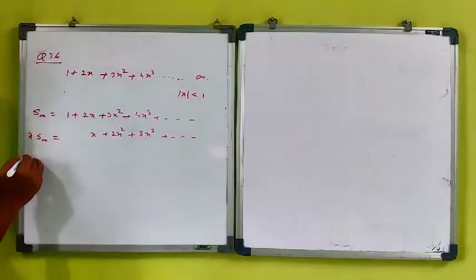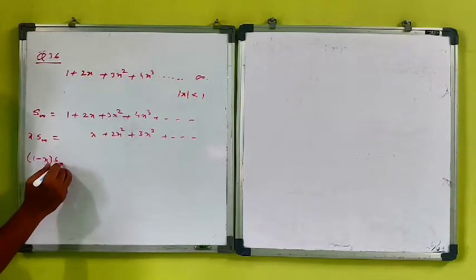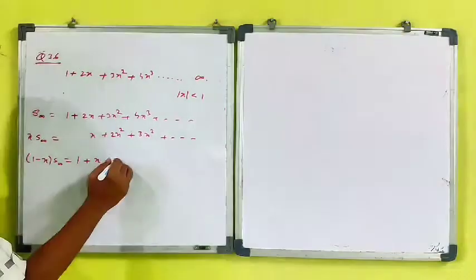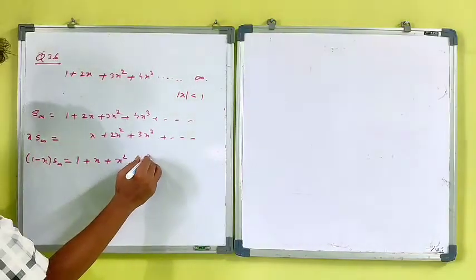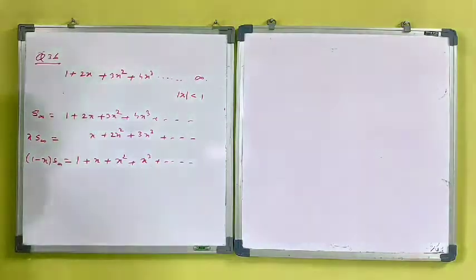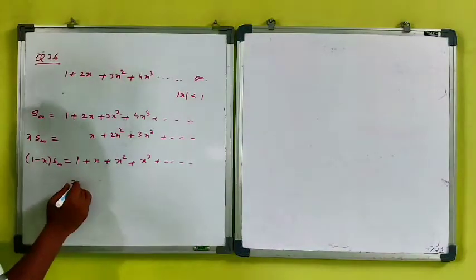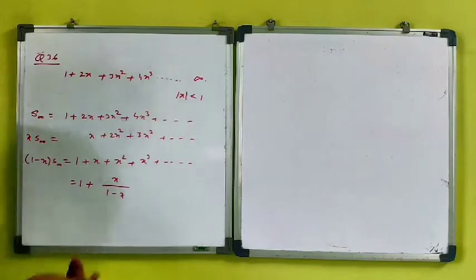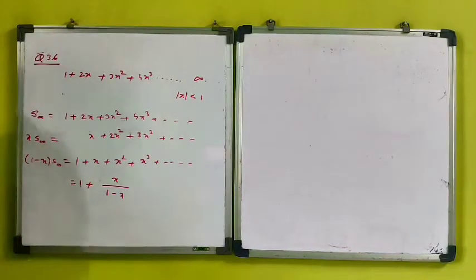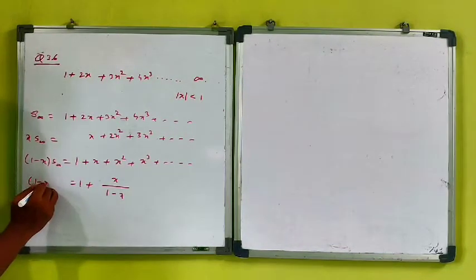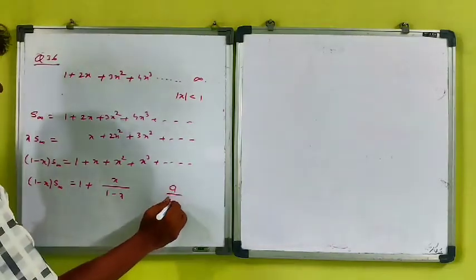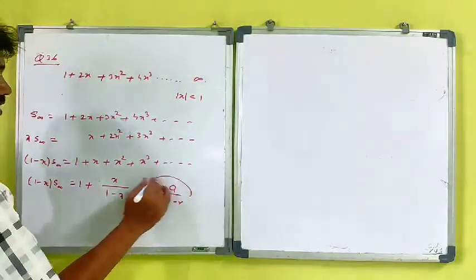Then subtracting, it is 1 minus x into S infinity is 1, as it is, then x, x square, x cube, and so on. This is the sum of an infinite series, which is x upon 1 minus x, because x is the first term and the common ratio. This is the formula which we applied here, a upon 1 minus r.